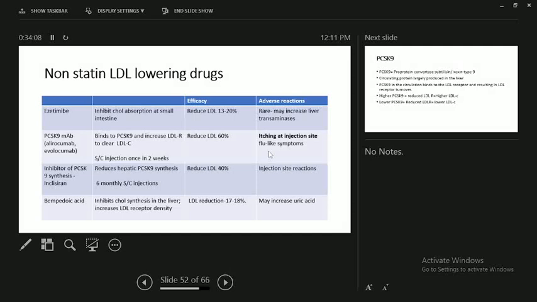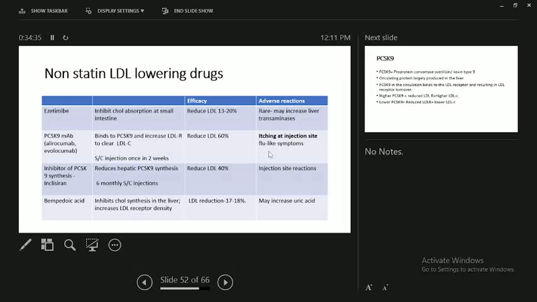So what are the recommendations when you have increased the statin to the maximum tolerated dose, but the LDL still has not reached the therapeutic target? There are drugs like ezetimibe, a cholesterol absorption inhibitor, and the PCSK9 inhibitors, evolocumab and alirocumab, which are still not available here.